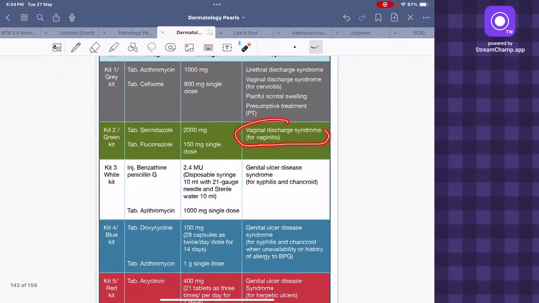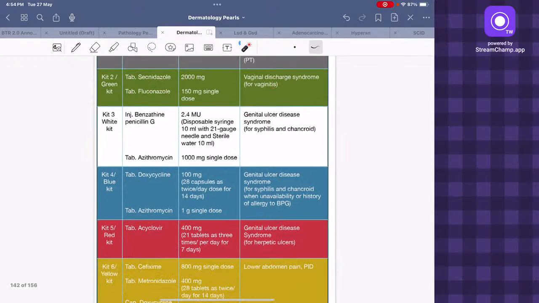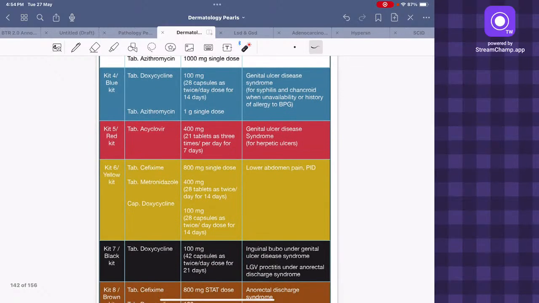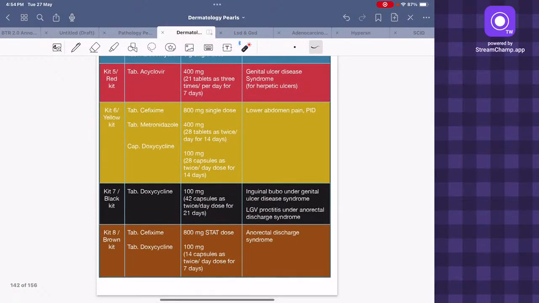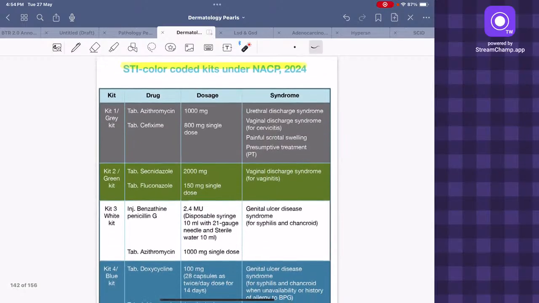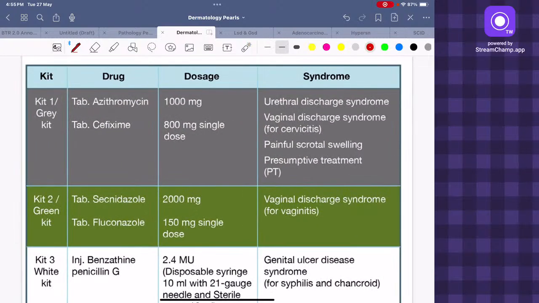Here, vaginal discharge symptoms for vaginitis, we give secnidazole and fluconazole. It is syndromic management. Just think about syndromes. Grey kit for urethral discharge, vaginal discharge, scrotal swelling, presumptive treatment.